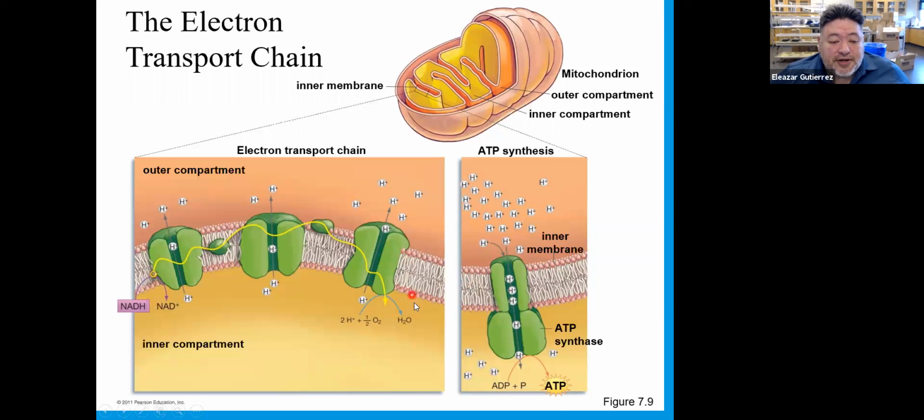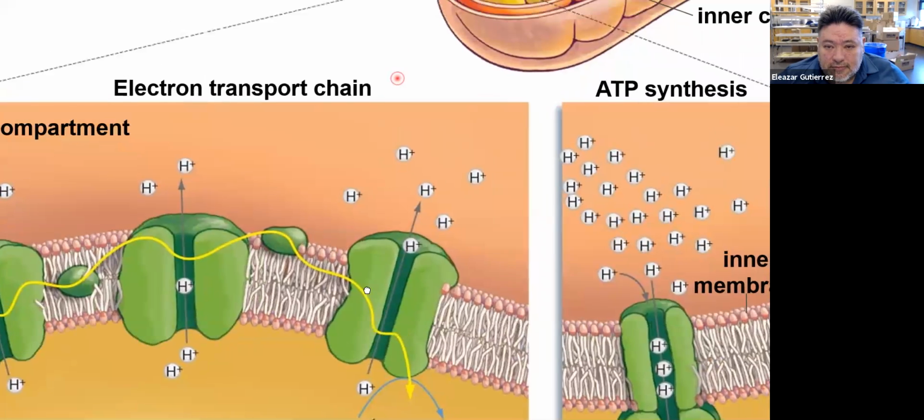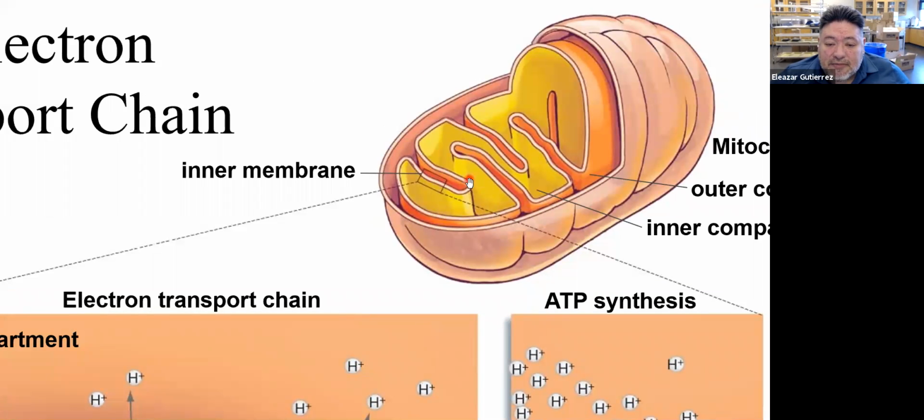So here's the picture. Okay, these folds, which are called invaginations, which increase surface area of the mitochondria, are called cristae. Okay, and here we're taking a cristae and we're blowing it up. So the yellow is the inner compartment, which is called the matrix.